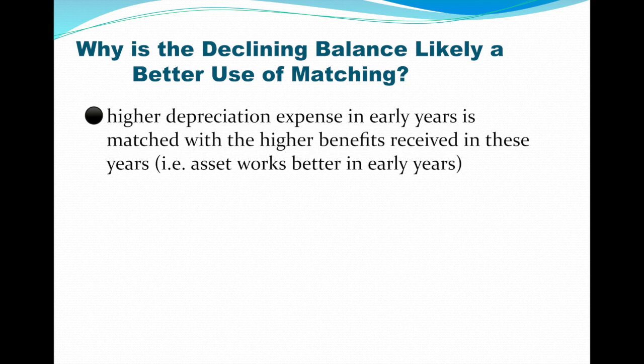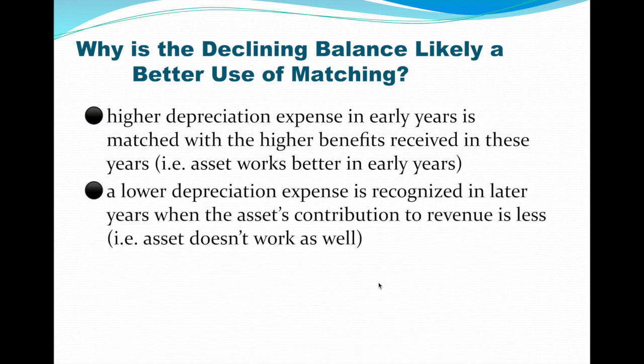Accounting is all about, and this is a point I've stressed before, providing useful, valuable, relevant data, as relevant and useful as possible. And using the declining balance method accomplishes that. It gives that much more clarity and clean matching between expense and revenue. That's why it's the best method in terms of accuracy and relevance.